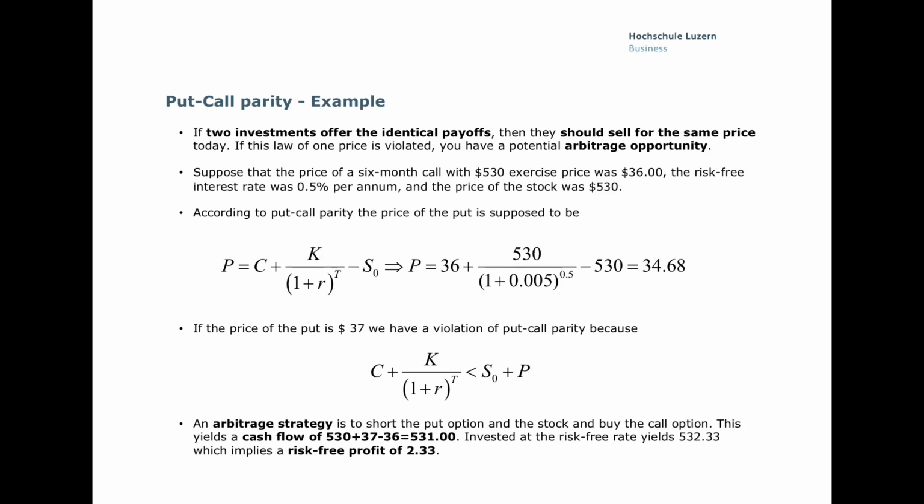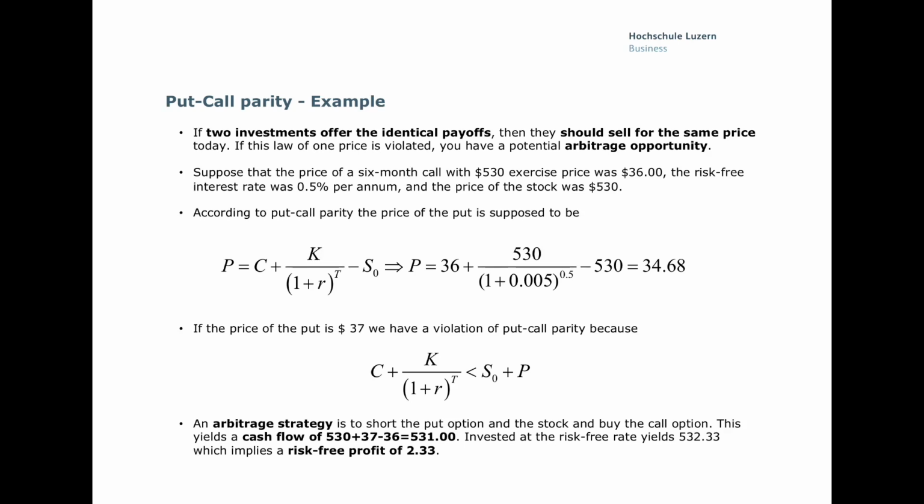This yields a cash flow of $531 since you obtain $530 from the sale of the stock and the price of the put you sell is $1 higher than the price of the call you pay. Invested at the risk-free rate, this sum yields $532.33, which implies a risk-free profit of $2.33.